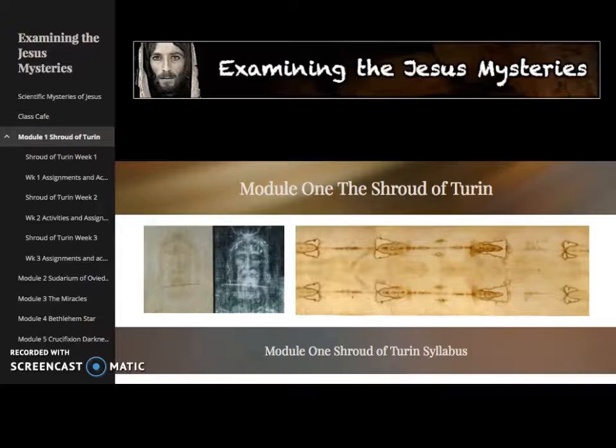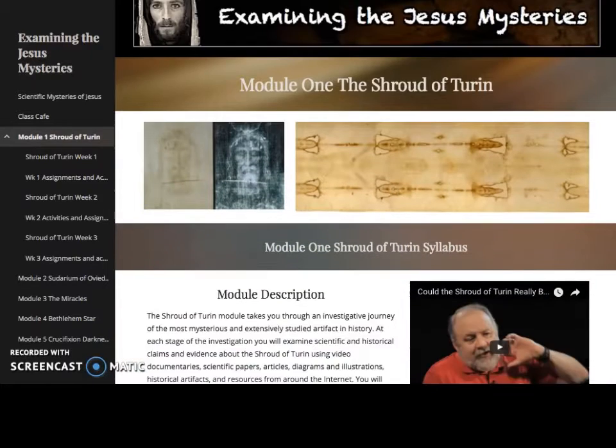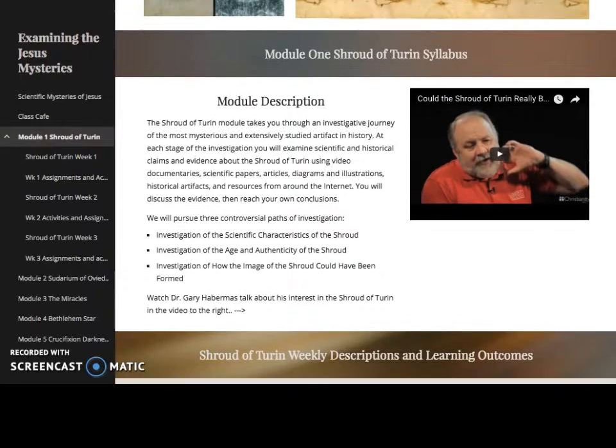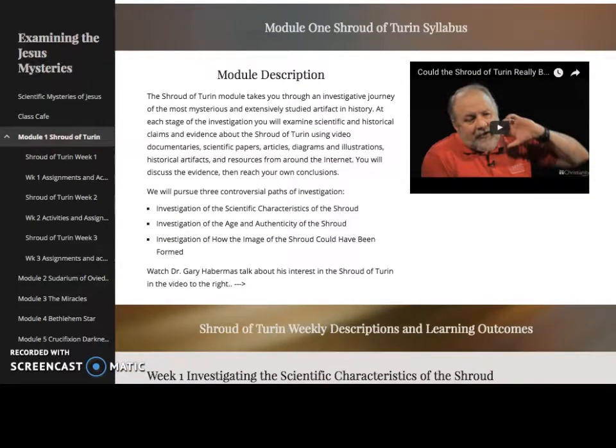When we open up the first page of the Shroud of Turin module, we see the course syllabus. The syllabus begins with a description of the module. We learn that in this module we're going to take an investigative journey of the most mysterious and actually the most extensively studied artifact in history.